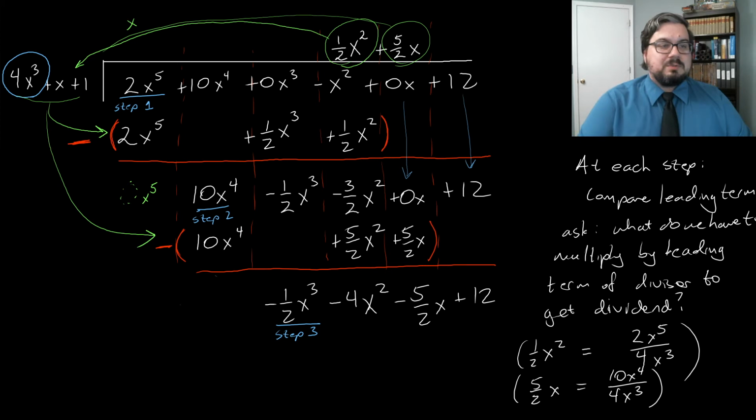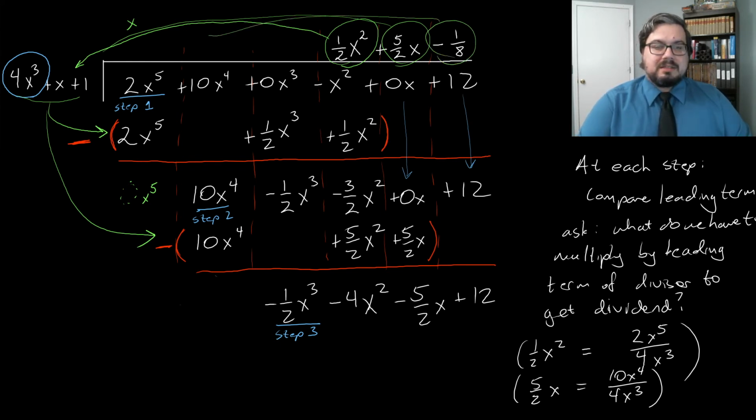So we ask, what do we need to multiply 4x cubed by to get negative 1/2 x cubed? This time, we don't have to multiply by any x's at all, but we do need to multiply by a number. In order to get from 4 to negative 1/2, we need to multiply by negative 1/8, which you can also get just by taking negative 1/2 and dividing by 4.